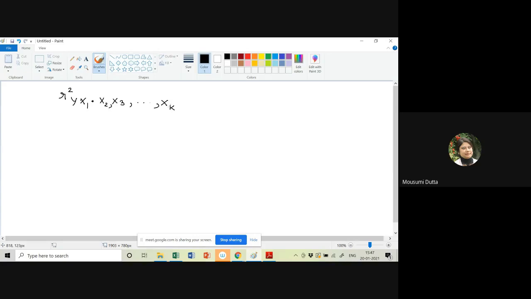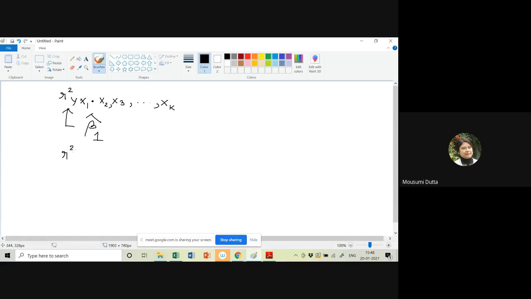This partial R square is related to beta hat. Now, if I consider R square y x1 dot x2 to xk, so this is associated with the beta hat which is coming with x1, so it is beta 1 hat.